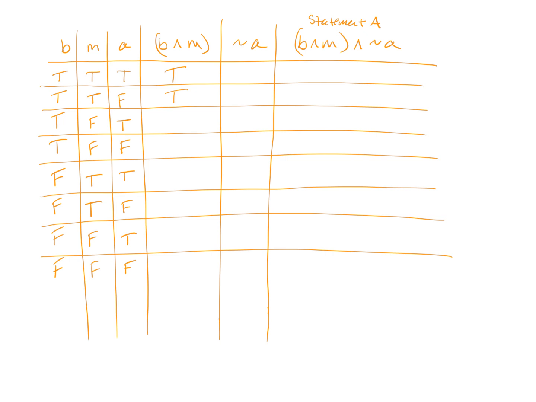Okay, then I have true, false, false, true, false, true, false, false, false, false. So everything else is false, because if you have any falses, the and statement is going to be false. The only way B and M is true is if B is true and M is true. So when I look at all the rest of the B and M combinations, they all have at least one false. So I'm filling out the rest of this with false.